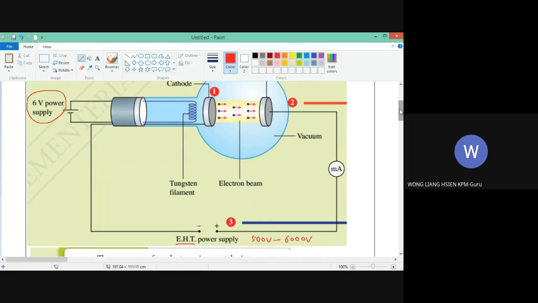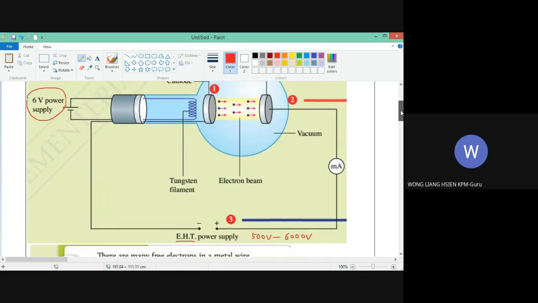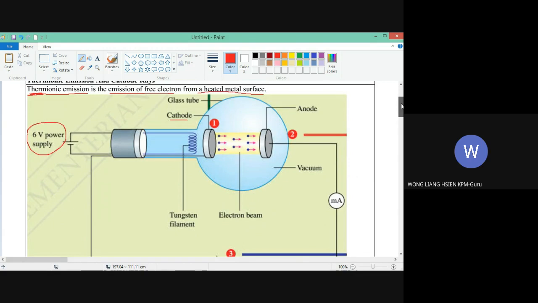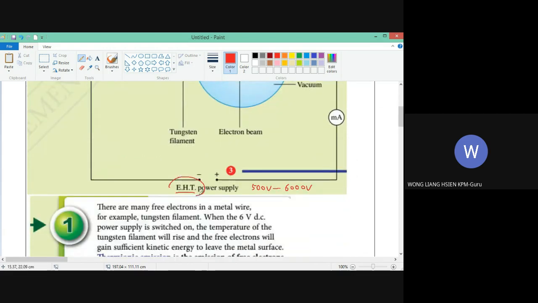All right. So what happened is, you see there are two metal plates. One metal plate here is connected to the negative terminal, so we call it the cathode. This other metal plate is connected to the positive, so we call it the anode. You have two power supplies: one is the 6-volt, another one is the EHT power supply.